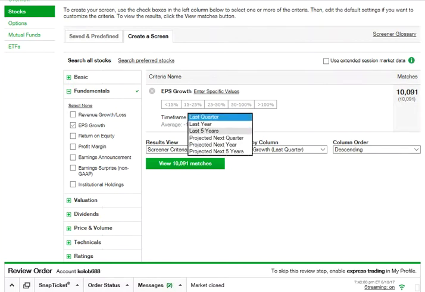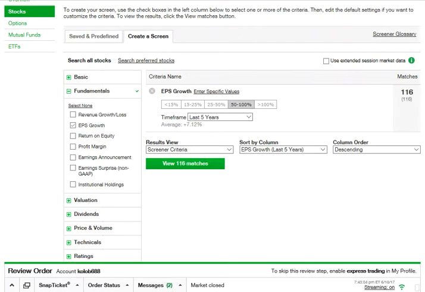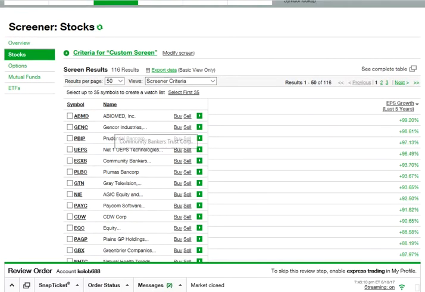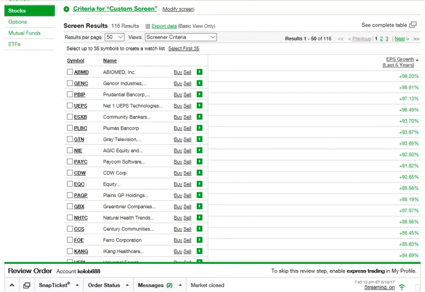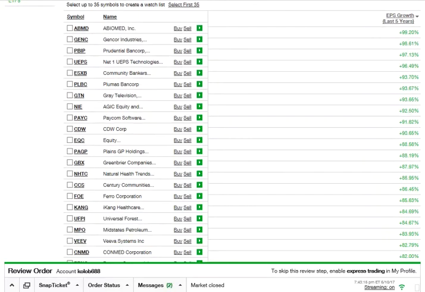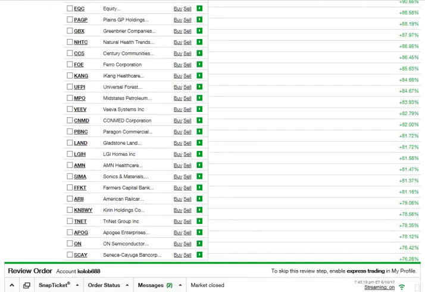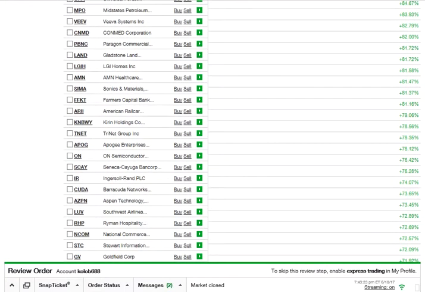Let's look at the last 5 years, and we'll click on 50 to 100%. And there you go. There's 116 stocks out there that match that criteria. And let's see if we can find a stock that looks familiar. So going down here, looking, Paragon, I've heard of them. Apogee, I've heard of them.